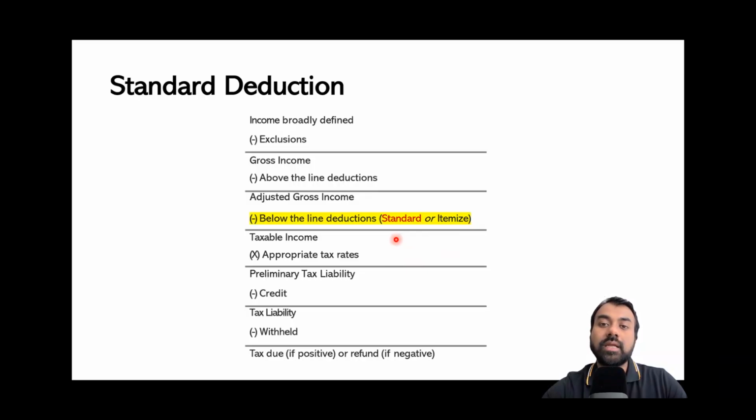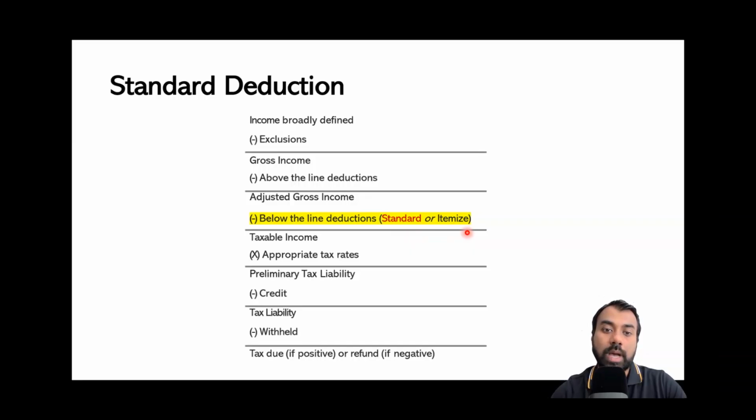And if standard deduction is greater, we take the standard deduction. On the contrary, if the total of the itemized deductions is greater, then we take the itemized deductions rather than taking standard deductions.